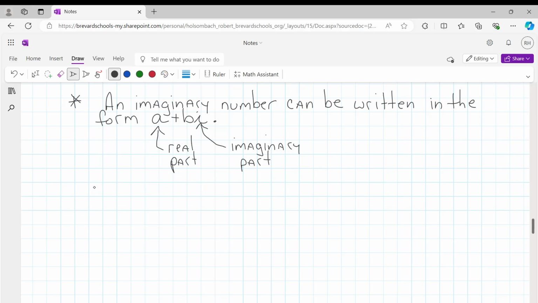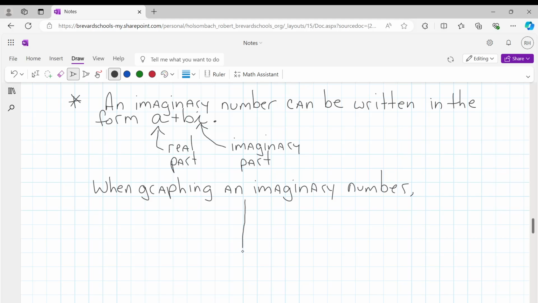So when graphing an imaginary number, we still use a coordinate plane.